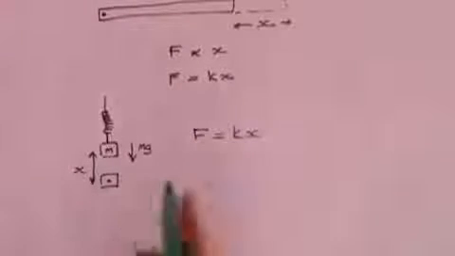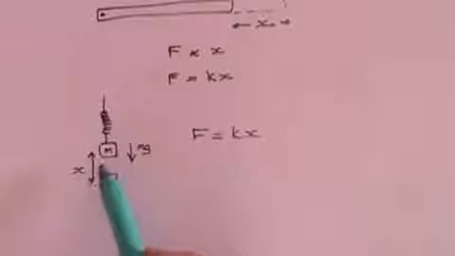And this means you can use a spring to measure the weight of something. The weight, of course, is the mass times the gravitational attraction. If you put a weight of a certain amount on the spring, it will go down by a certain distance x. If you put double the weight on the spring, it will go down 2x. So you can measure the weight. Notice it's always the weight.